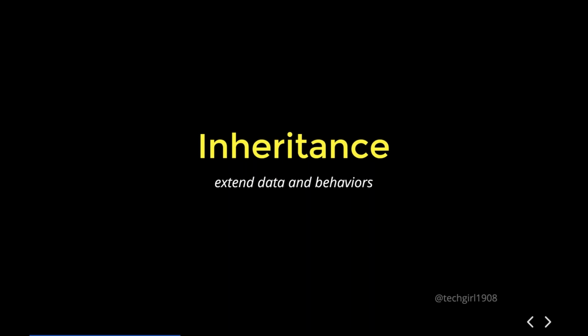Okay. So the next section is on inheritance. Inheritance is essentially a way for one class to share its behavior and possibly its data with other similar classes, right? In my opinion, inheritance is extremely powerful. It's probably the most powerful concept in object-oriented programming.